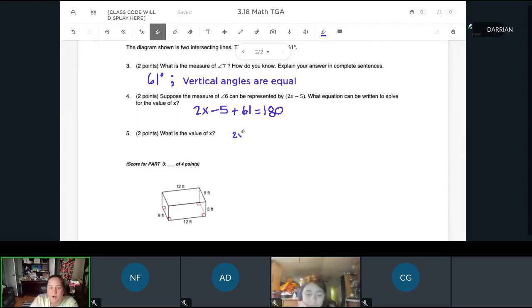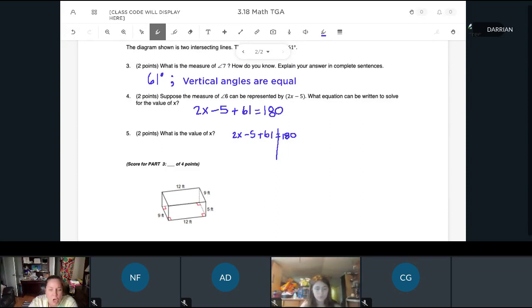I'm going to try to write small so I don't get into this one. 2x minus 5 plus 61 equals 180. Okay, on this side of the equal sign, what can we combine? What are our like terms? Which two numbers can we go ahead and combine?